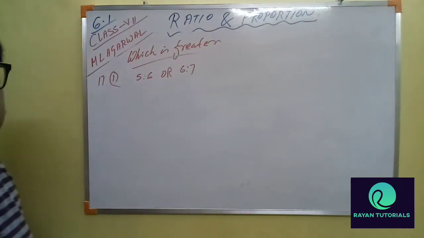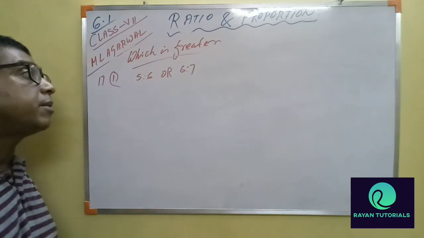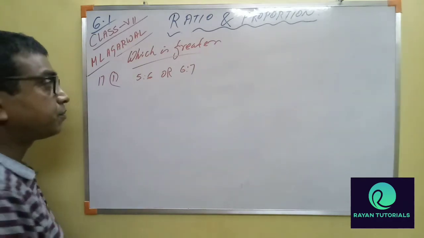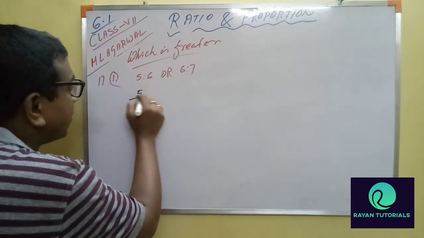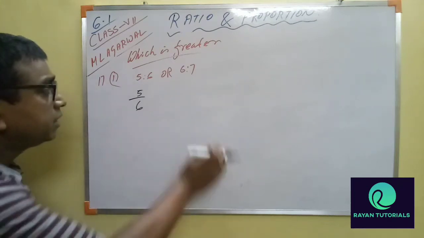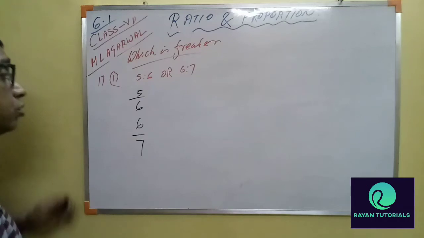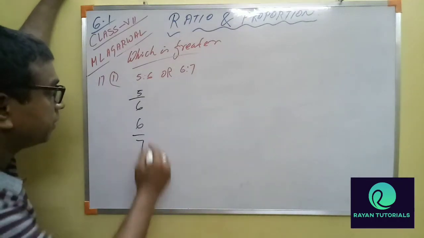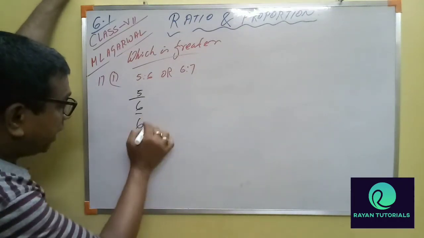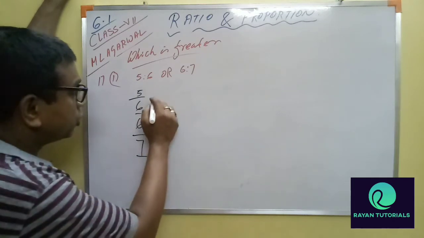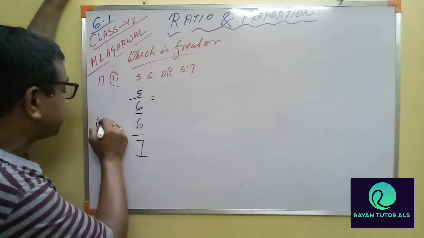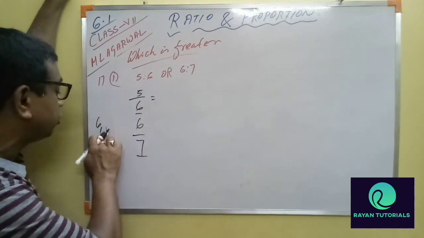From the very beginning, what I told you in this chapter, ratio is about fraction. So 5 by 6 means 5 by 6. 6:7 means 6 by 7. Now, which fraction is bigger? What you need to do? LCM of the denominators.